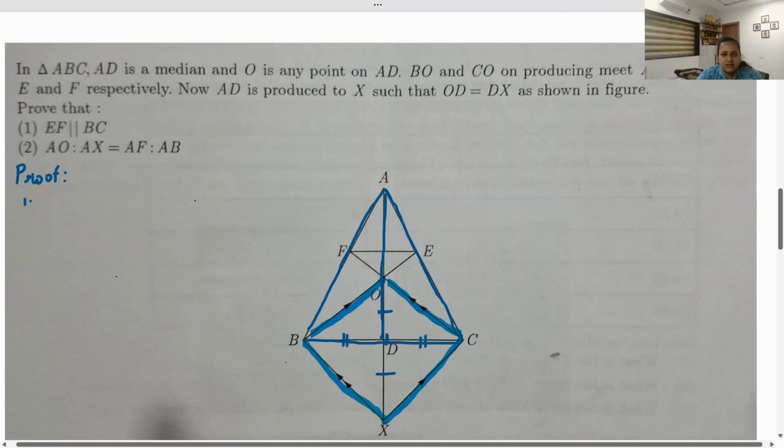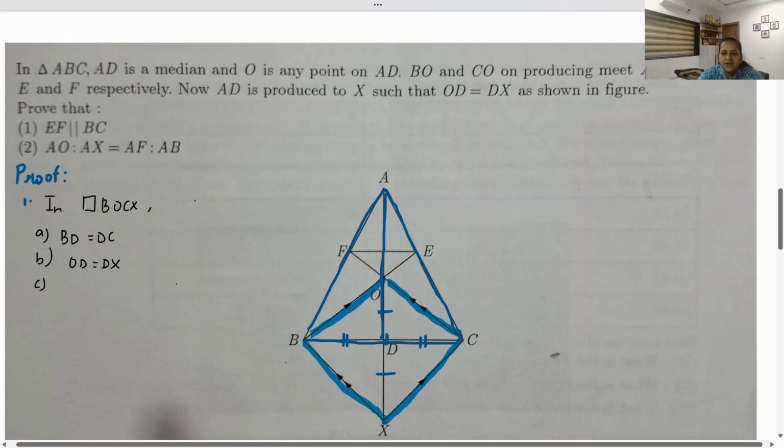If you look at the quadrilateral BOCX, we know that BD is equal to DC. Why? Because AD is the median, therefore it divides BC into two equal parts. Second, we know that OD is equal to DX. Why? This is given to us.